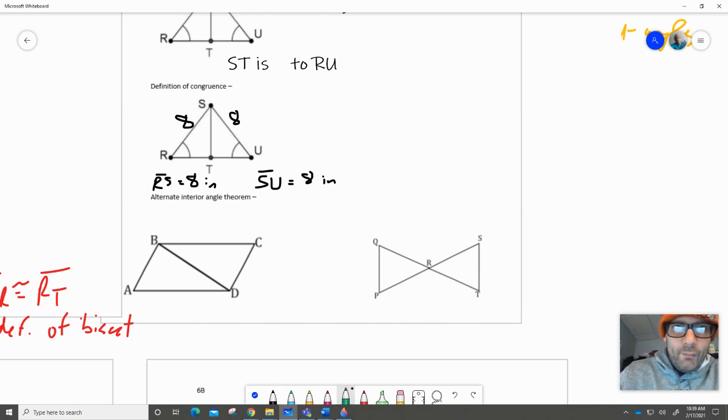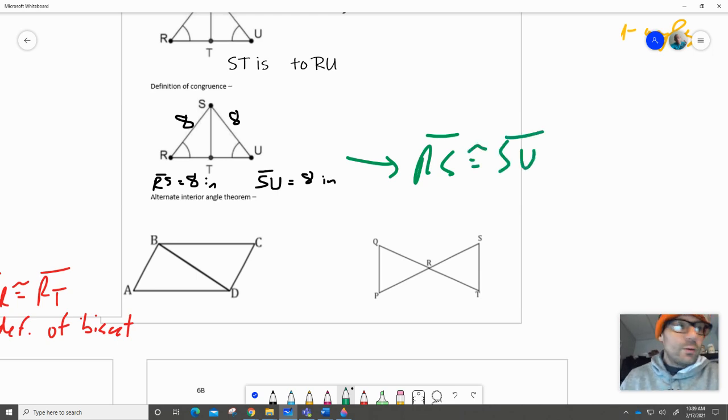Well, by the definition of congruence, we could say RS is congruent to SU, by the definition of congruence. Because congruence is defined as having the exact same measurements, which if RS has a length of 8 inches and SU has a length of 8 inches, then they have the same measurement, okay? So that is sort of the definition of congruence.